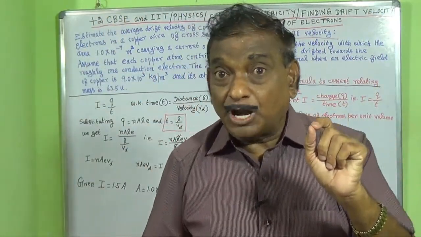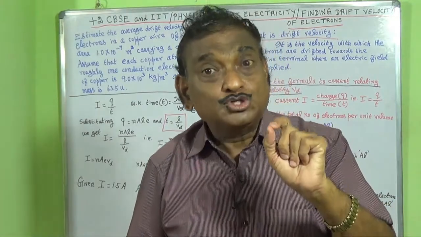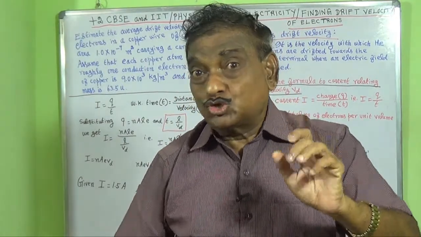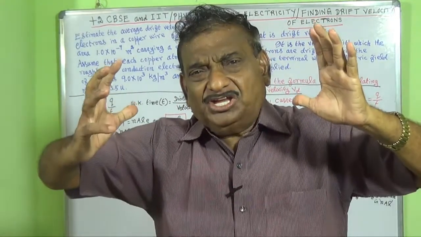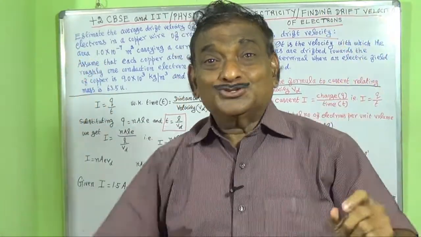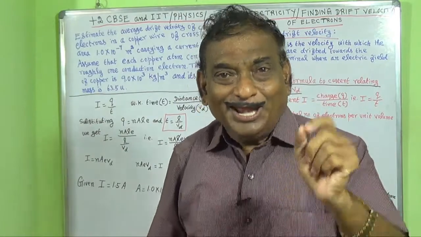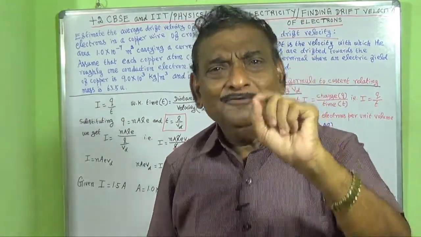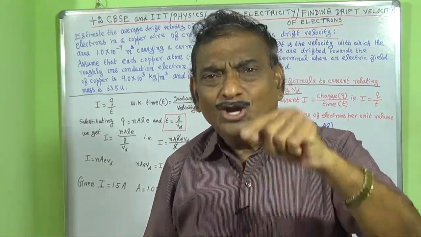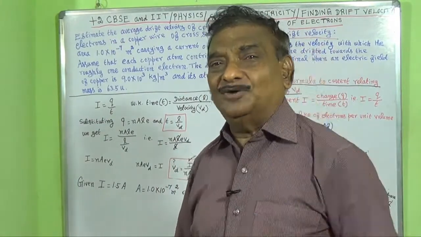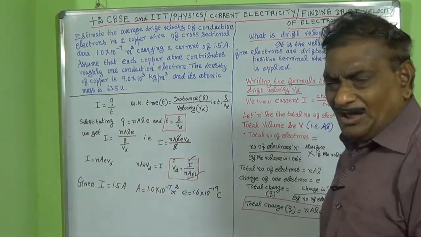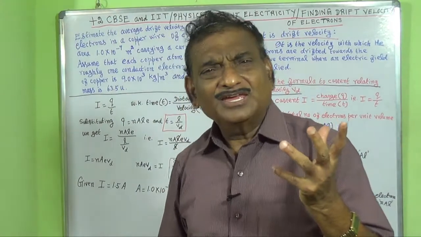Not only the total number of electrons, but the electrons should also flow with greater drift velocity. So the current depends on the number of electrons available in the wire and also the drift velocity of the electrons. Then what is drift velocity?